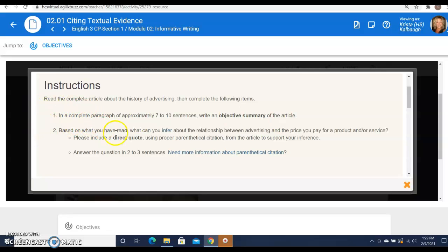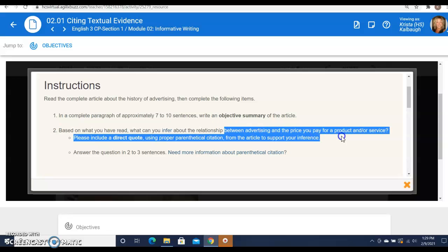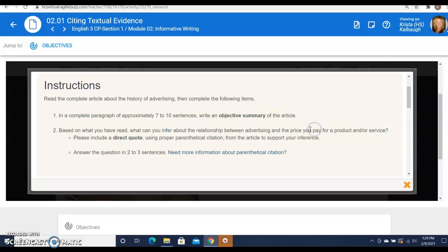So that's step one. Step two, all right, based on what you have read, what can you infer? Okay, what can you draw or what can you conclude about the relationship between advertising and the price that you pay for a product and or service?